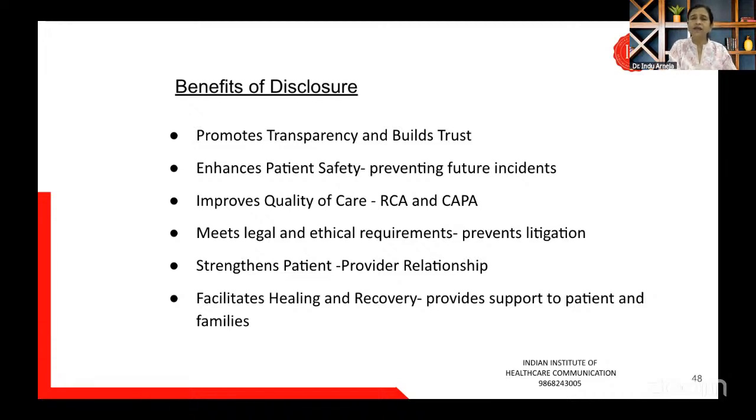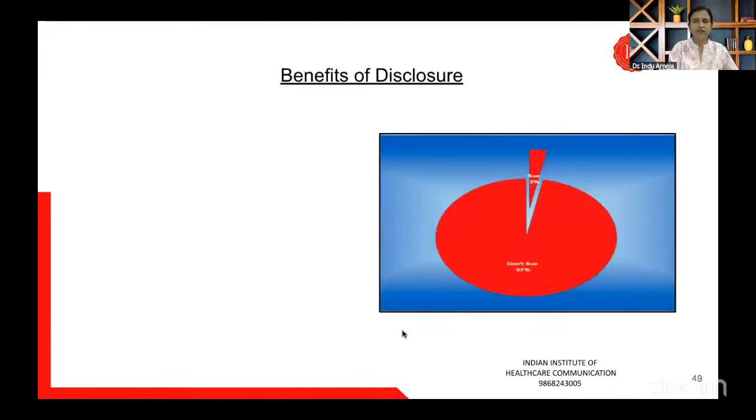But if you tell them this is what has happened, and for the next 24 to 48 hours the patient should not be driving or going out alone and should not be left alone, it will not only prevent further harm to the patient, but it will facilitate healing and recovery, and provide support to the patient and the family.